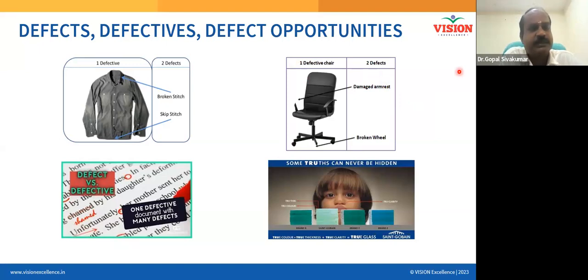One requirement of the customer can lead to multiple CTQs. Somebody said toughness. In order to achieve the required level of toughness, thickness may be an important criterion, isn't it? Its thickness matters, and the composition of the ingredients matters.